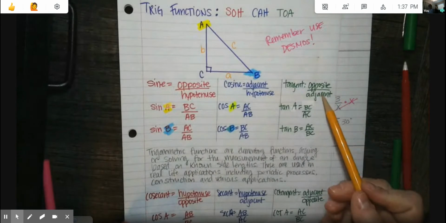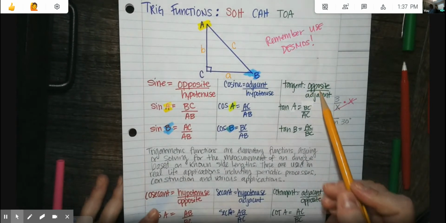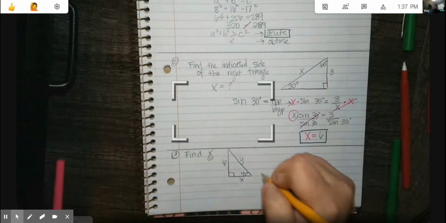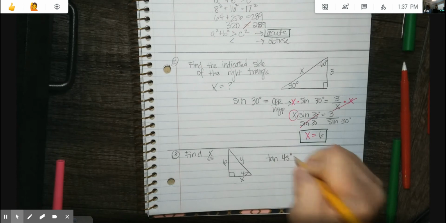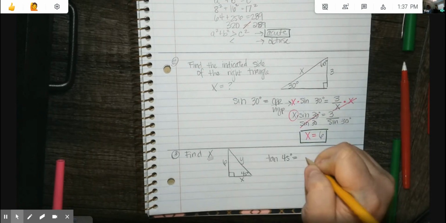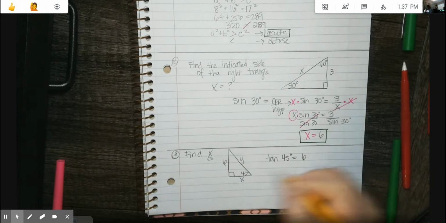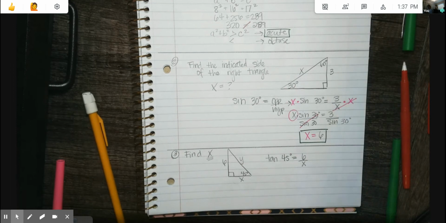I come back and I look here, and tangent is the formula I can use to find opposite and adjacent. So in order to find the tangent of that 45-degree angle, I need to take what I do know. The opposite is 6. The adjacent, I don't know. And then once again, I'm going to do exactly like we did on the last problem.